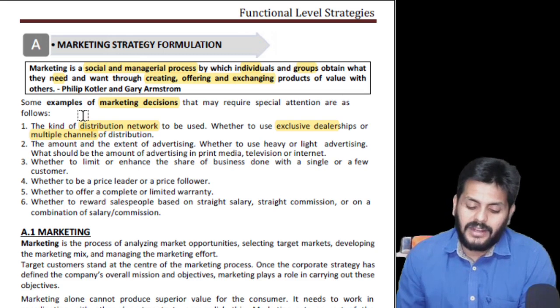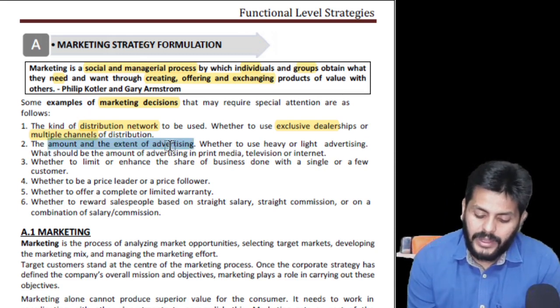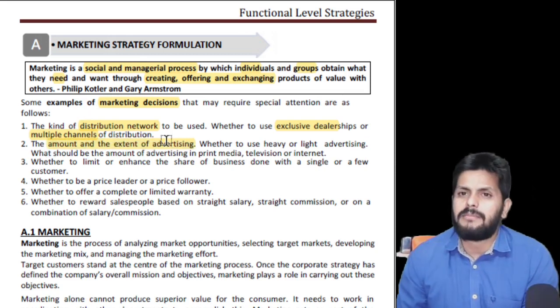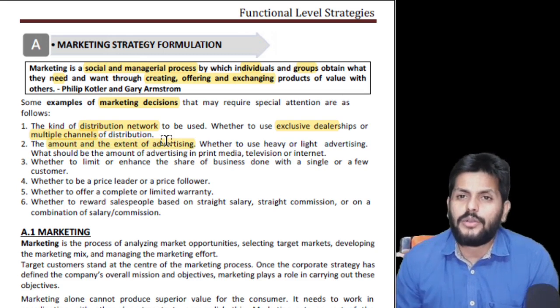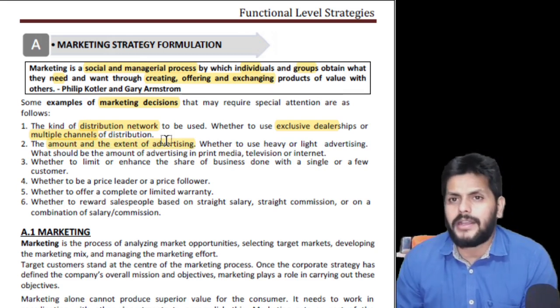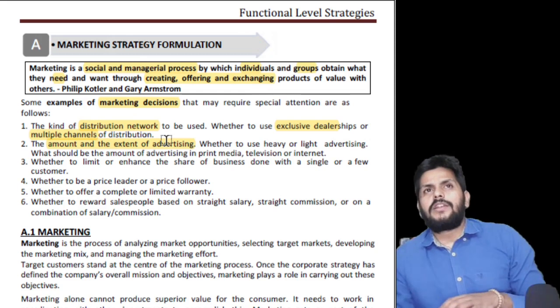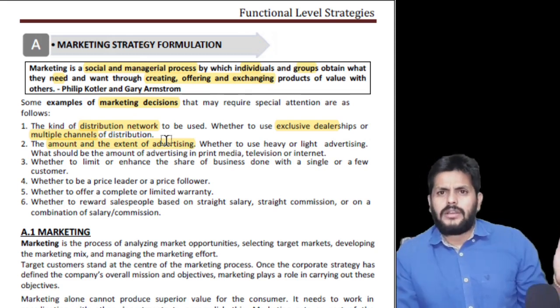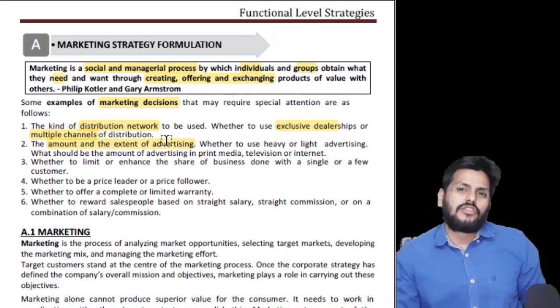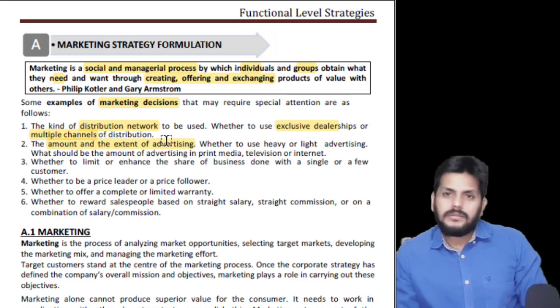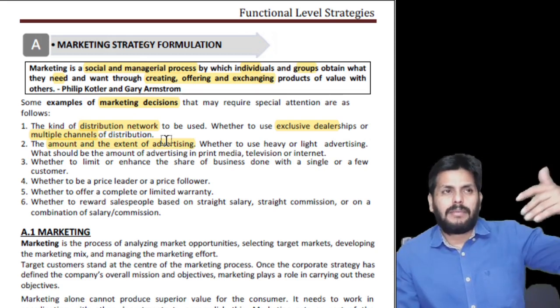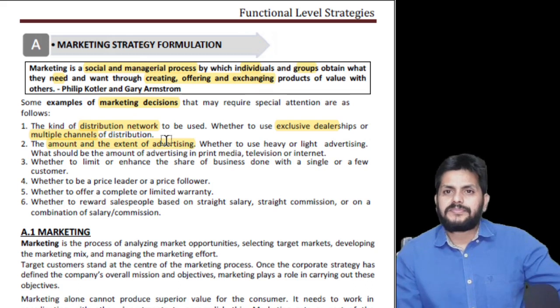Second question: the amount and extent of advertising. That's obviously a big marketing decision. As I told you some time back, no marketing is also marketing. You can advertise by paying the highest amount, like giving the title sponsorship for something like IPL: DLF IPL, Pepsi IPL, Vivo IPL.